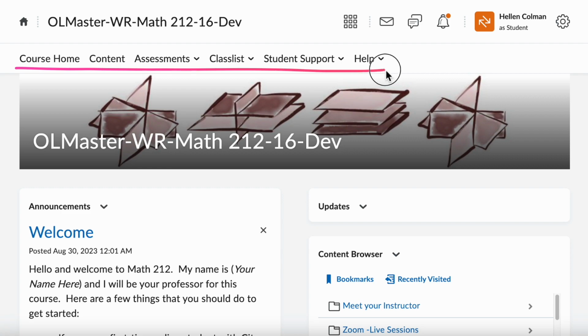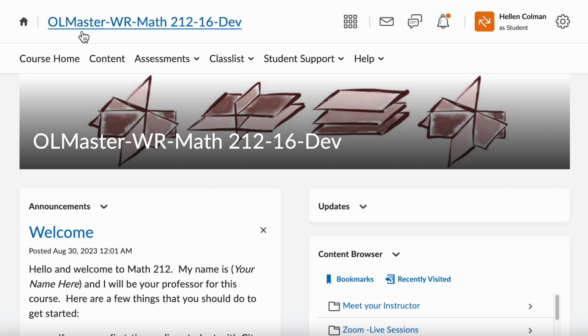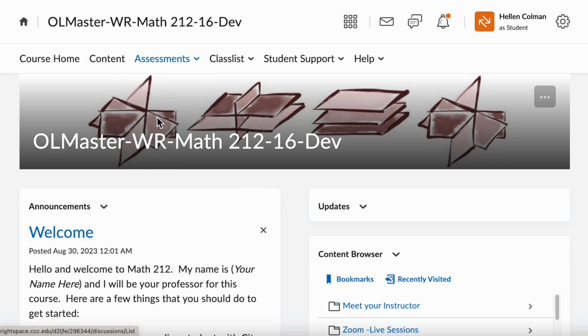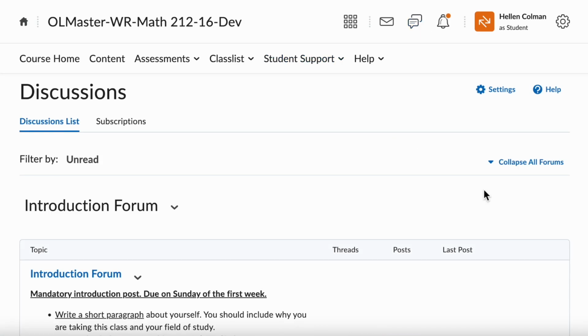Coming back to the upper navigation bar here, we already visited the content tab. Now let's visit the assessment tab. When we click it, we have here discussions. Here is where all the forums of this class are.